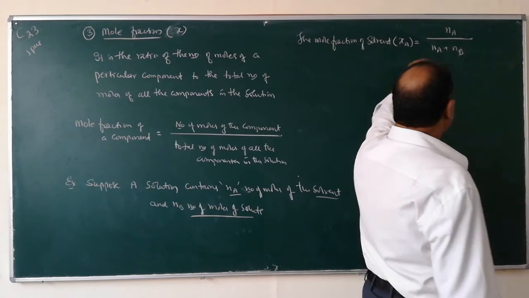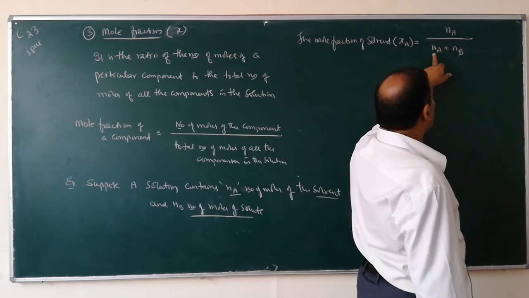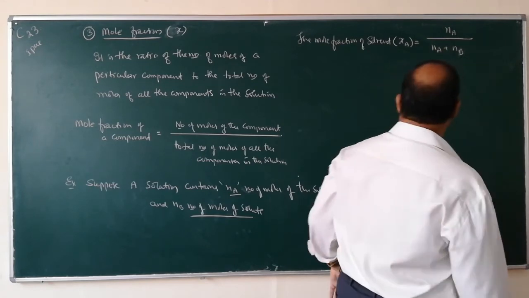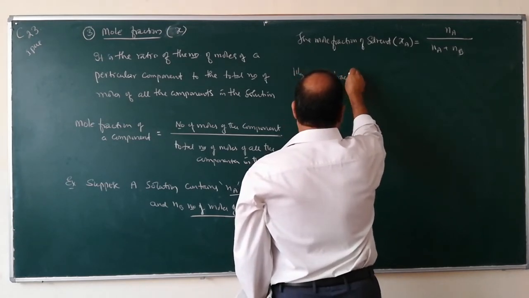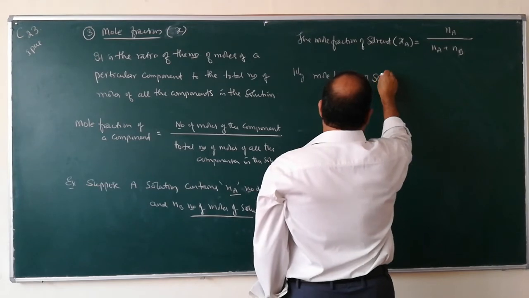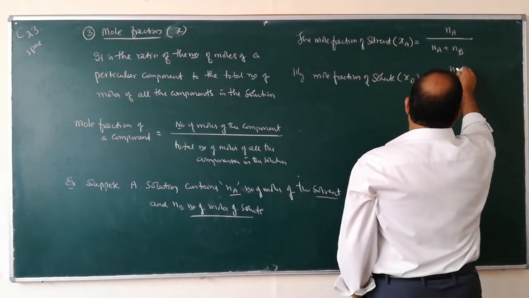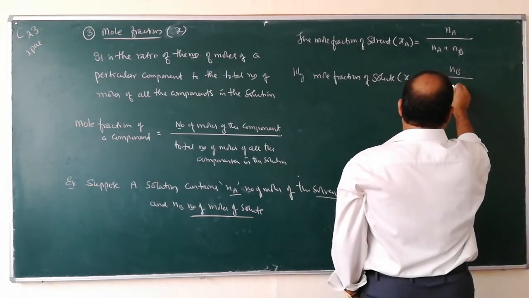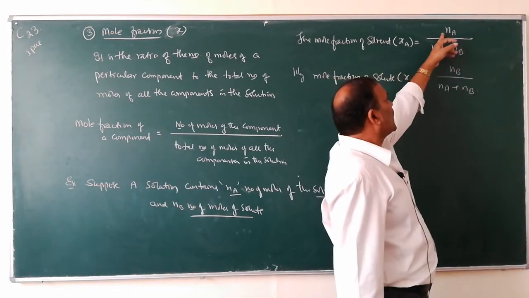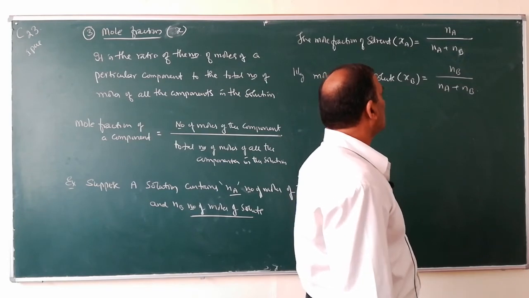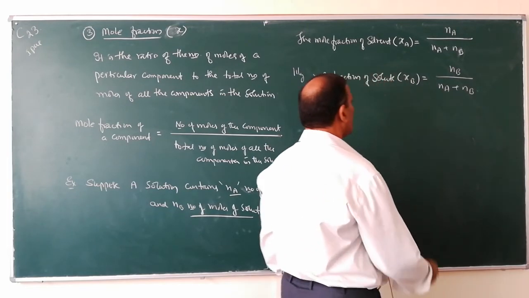So what is mole fraction? It is the ratio of the number of moles of a particular component to the total number of moles of all the components in the solution. Similarly, mole fraction of solute, Xb, equals Nb divided by Na plus Nb. Na means number of moles of solvent, and Nb equals number of moles of solute.